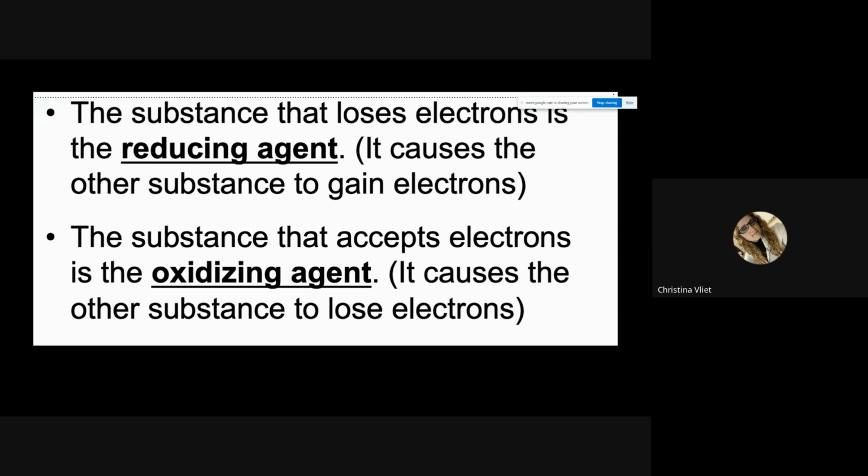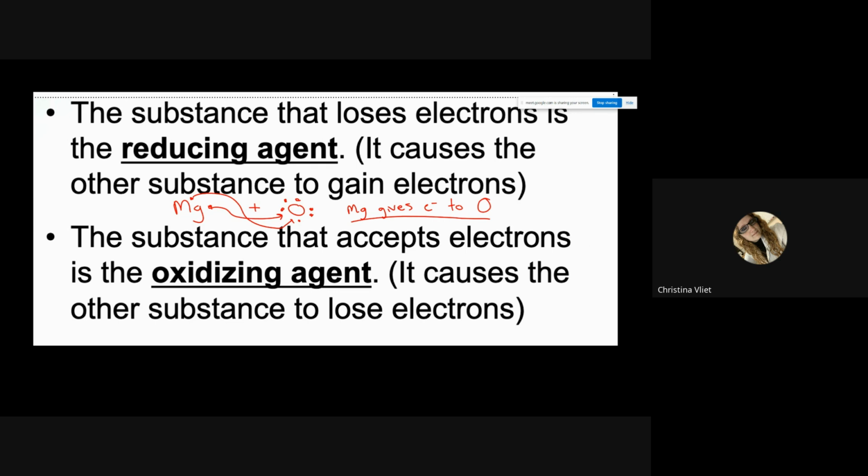And so whatever loses electrons, going back to my example of magnesium and oxygen from last class, if magnesium gives its 2 electrons to oxygen, this means that because of magnesium, oxygen is reduced.